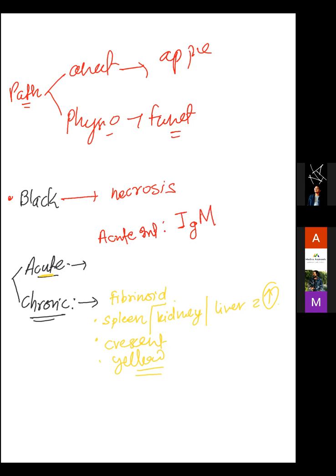So here is how you can remember, here M comes, so meat slop urine.